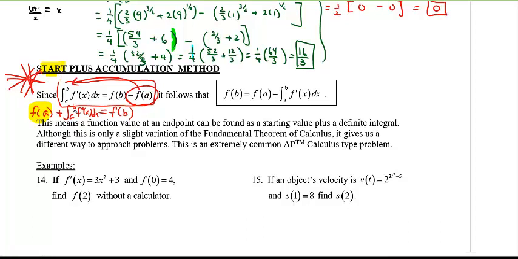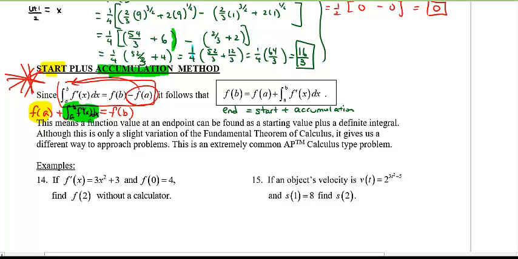I call the integral from a to b of f prime of x dx my accumulation. And then the ending here is f of b. So to get an ending value, f of b, that's equal to a starting value, f of a, plus some sort of accumulation value to get from start to end. Okay.